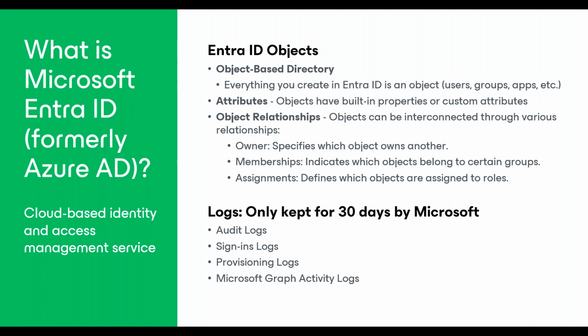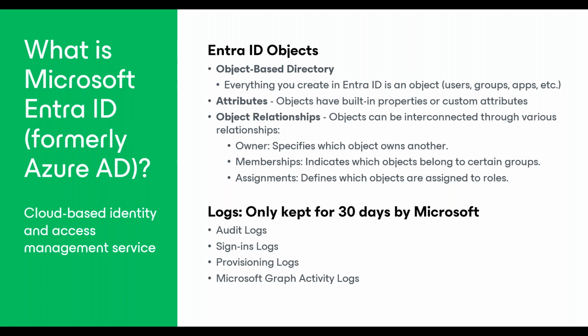And of course, within each of these objects, you will have attributes that store information related to it. For example, the most common attributes of an object include display name, maybe an email address, your job title, your contact number, and many, many more.